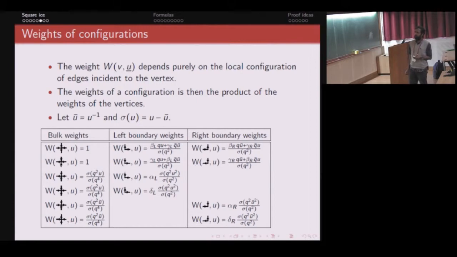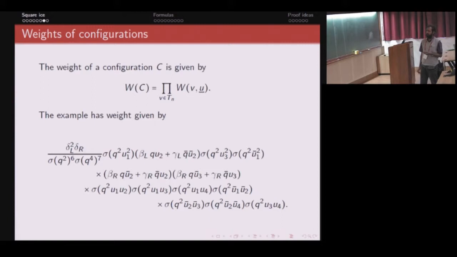Then you have this complicated set of weights, and there's no a priori reason for you to think that these are natural weights in any way. It's the underlying mathematical integrability structure that forces us to choose these weights. For example, the weight of that single configuration I gave you earlier has this quite complicated looking form.